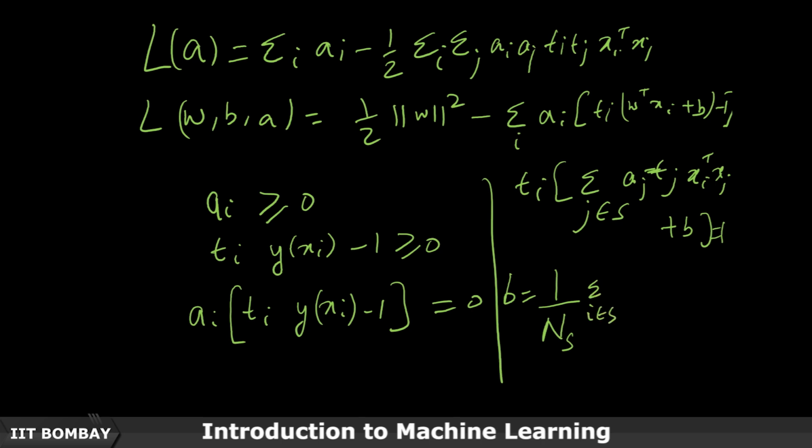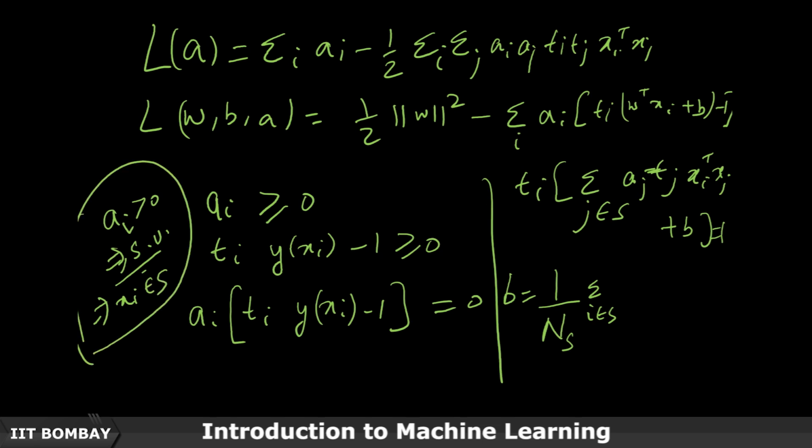So what is the set of support vectors? a_i greater than 0 implies support vector, that means that the training point x_i belongs to the set S. For those points, exactly this will turn out to be equal to 0, not greater than 0, because it is on the margin.